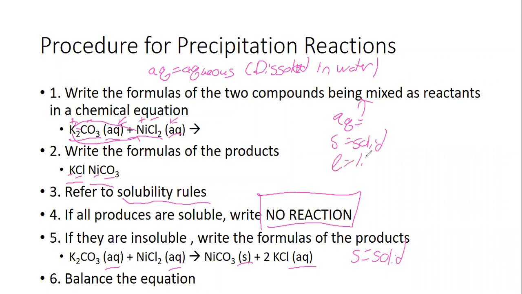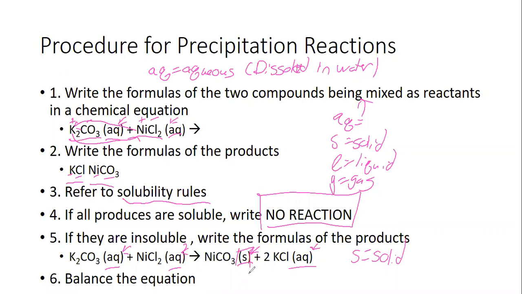L, you're liquid. G, you're gas. All right. So moving forward, anytime you write a chemical equation for me, you need to tell me what state your molecule is in, because that's very important. So when we mix two aqueous things and we get a solid, we have to state our molecule is a solid.